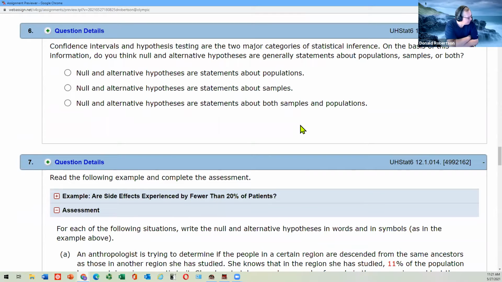I think three more questions. Confidence intervals and hypothesis tests are two major categories of statistical inference. That's how we decide is there statistical significance, right? On the basis of this information, do you think a null and alternate hypothesis are generally statements about a population, about a sample, or both?